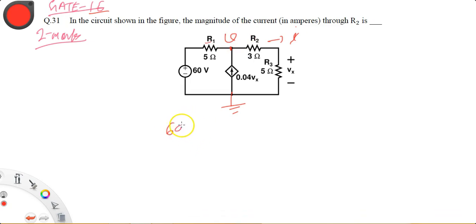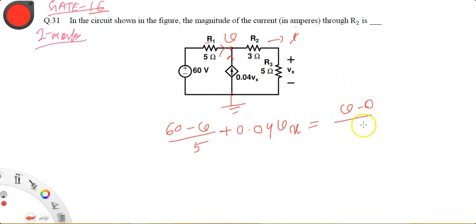So 60 minus V upon 5 is this current, plus this current, how much is it coming? 0.04 Vx, and then this current, which is equal to V minus 0, of course, upon 8.